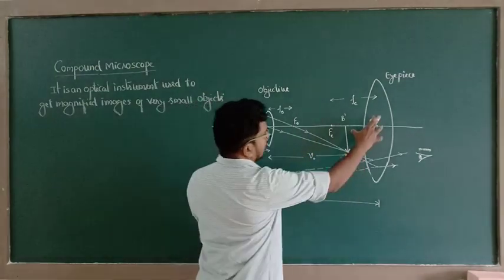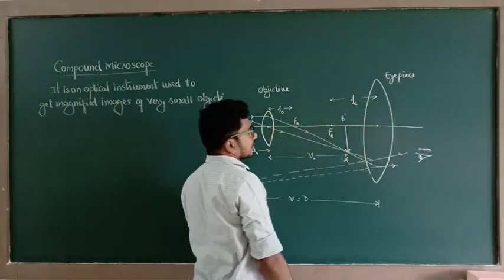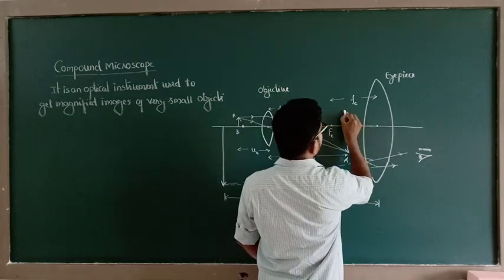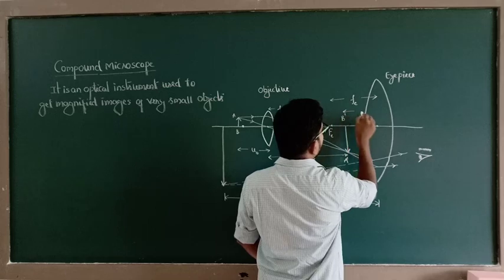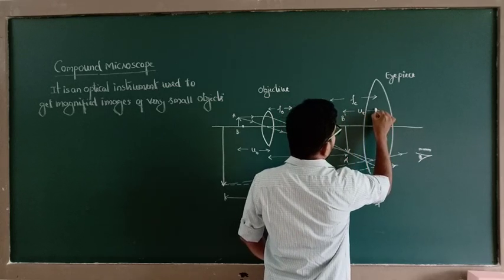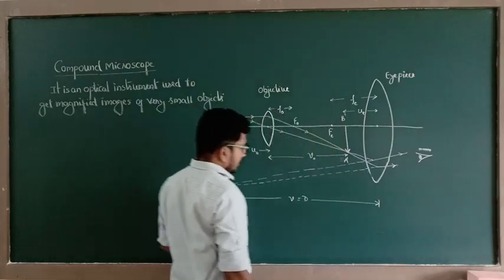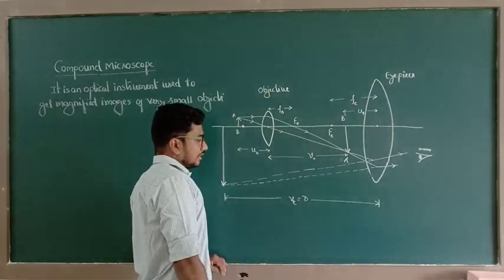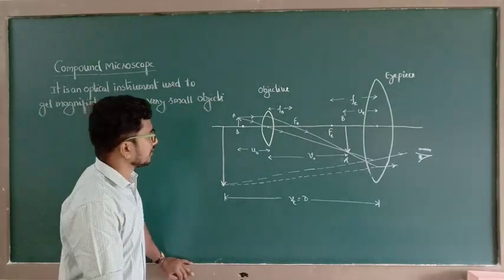So this is the object distance with respect to the eyepiece, U subscript E. Image distance with respect to the eyepiece, that is equal to capital D.